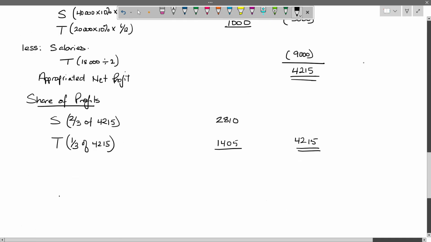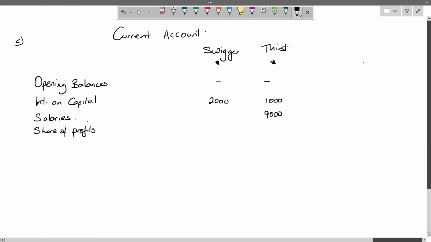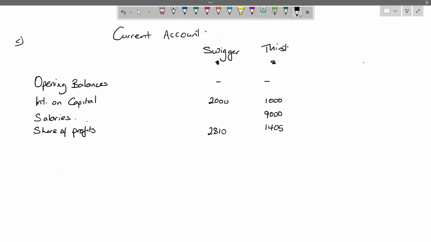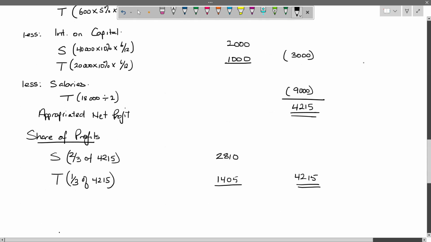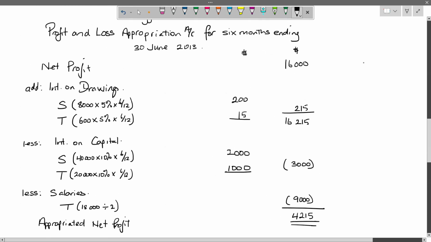And share of profits, 2,810, 1,405. Then you're going to have things like drawings and interest on drawings to reduce these. Total drawings was 8,600.